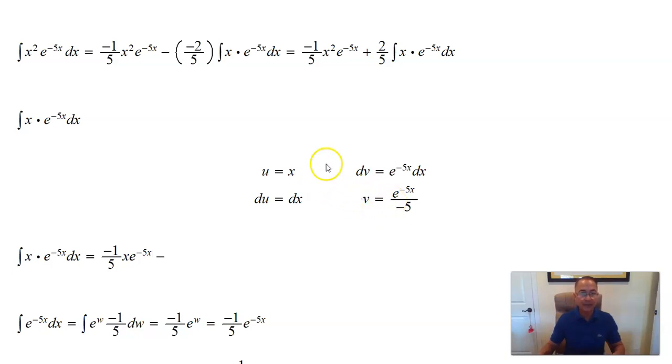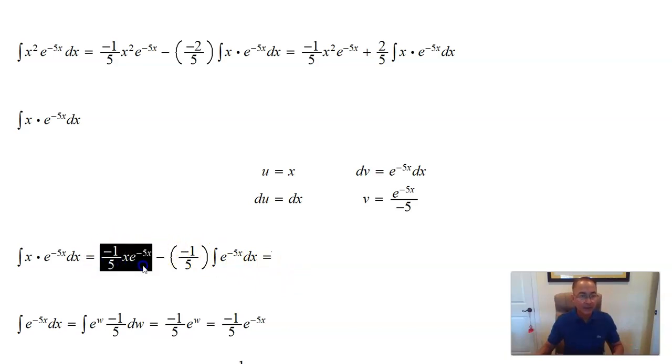Okay, so minus negative 1/5 integral of v du. So we will have integral of e to the minus 5x dx. And when you look at that, we are back to this, which we did, of course, just to get the v. So we are ready to plug in everything.